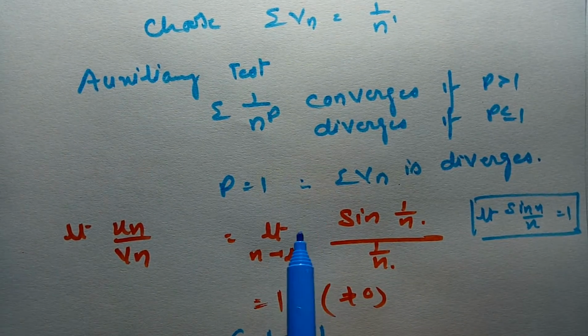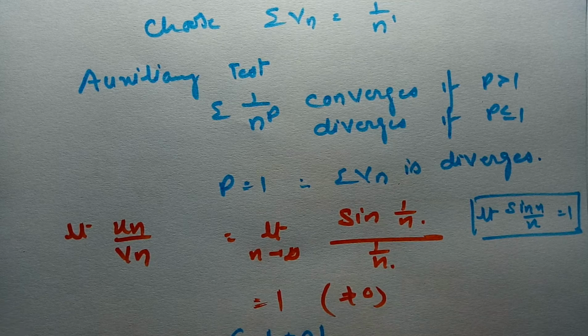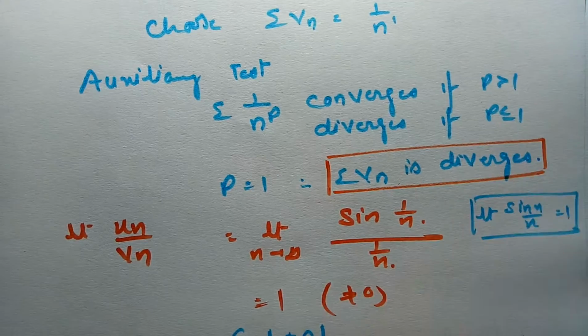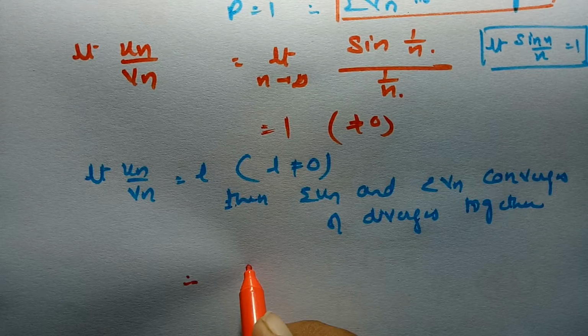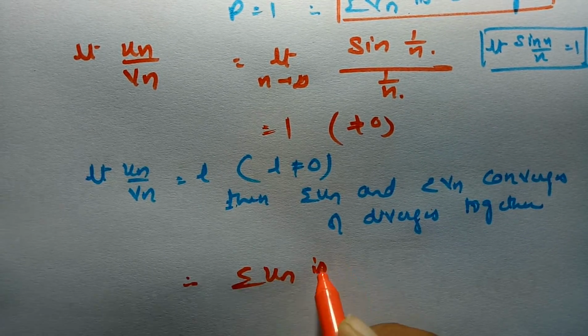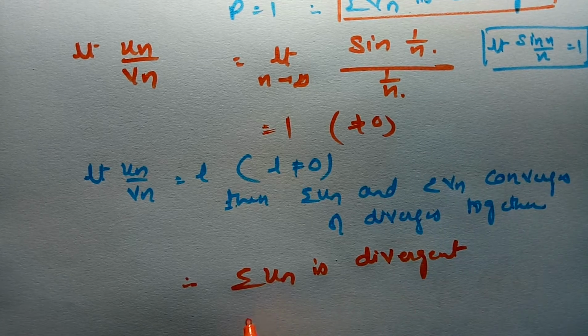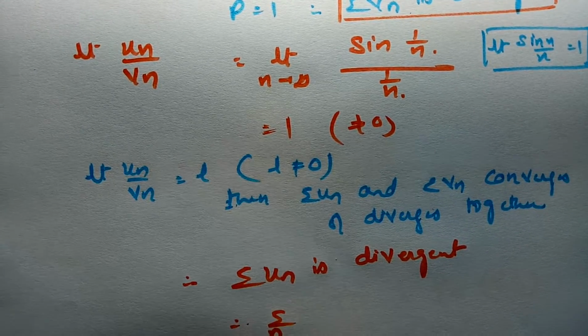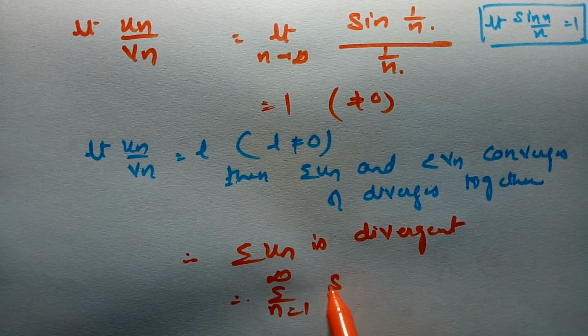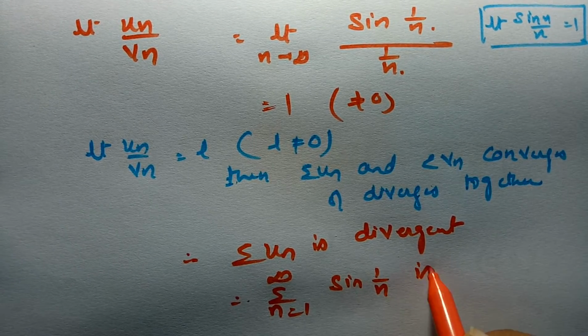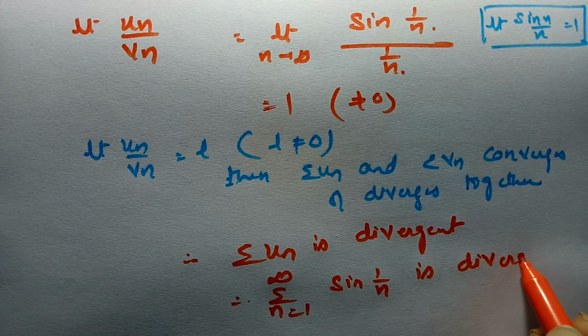Therefore here Vn is which series? Divergent series. Therefore sigma Un is also divergent. Therefore sigma n equal to 1 to infinity of sine 1 by n is divergent.